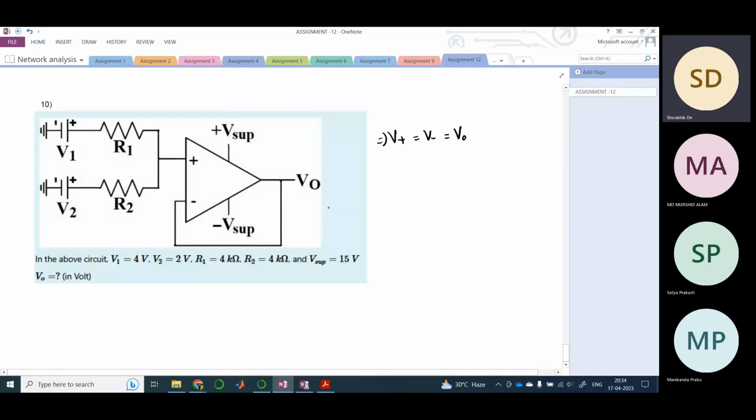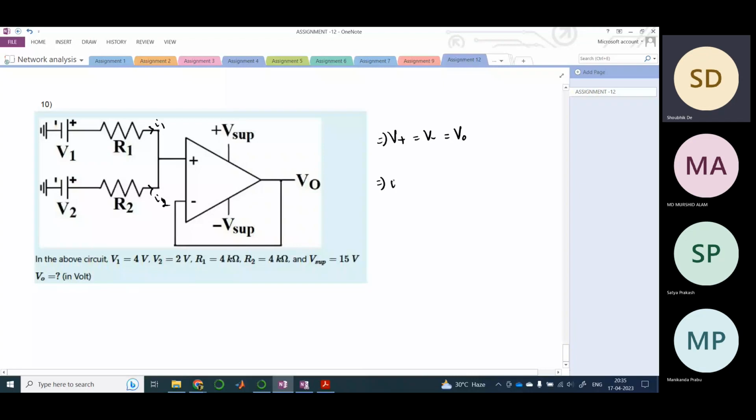So once you have done this, the remaining problem is very easy. So I1 and I2, right? We can write I1 and I2, there is no problem. What would be I1 plus I2?